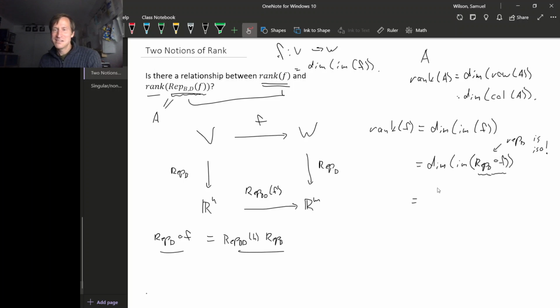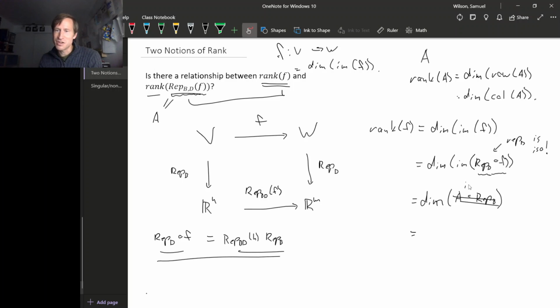But now that we have rep D composed with F, now we can use this. So this is the dimension of A, our representation matrix, composed with rep B. Okay, but rep B is an isomorphism, so rep B isn't going to change the dimension of anything. Oh, I've left off my image.